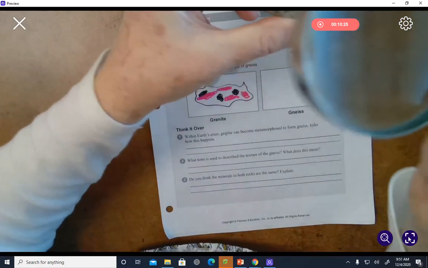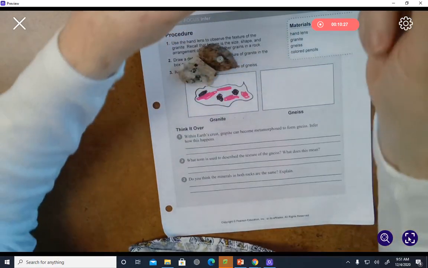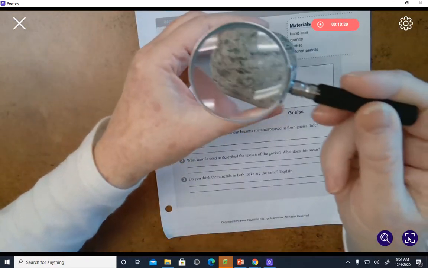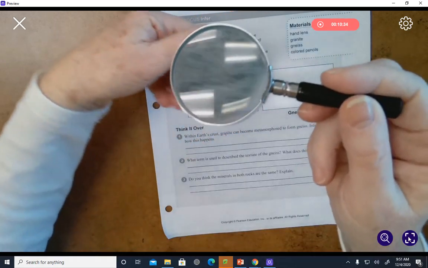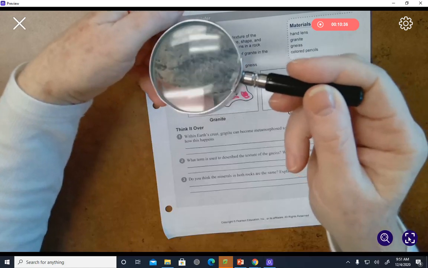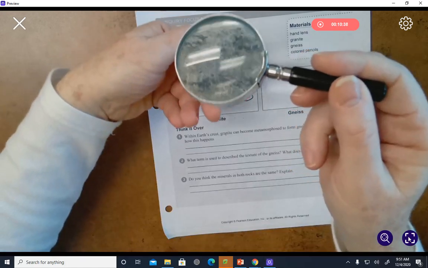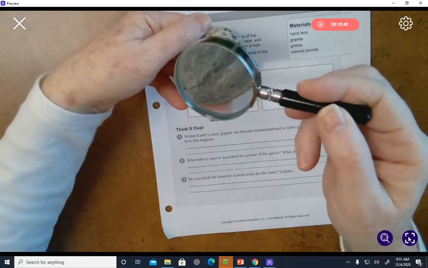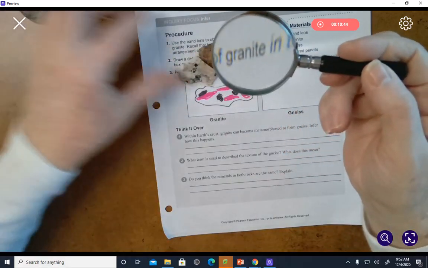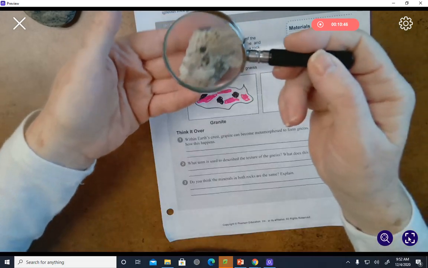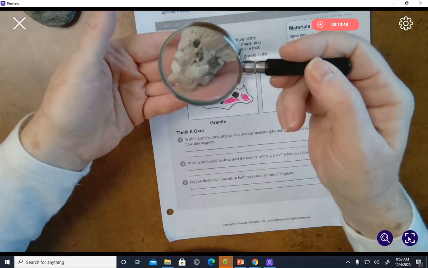Let's see if I can get it under the camera, so that you can see sort of the lines there. I don't know, the lights in the classroom seem to. Definitely look at the pictures I add here, though. But we can definitely see those different chunks in there.